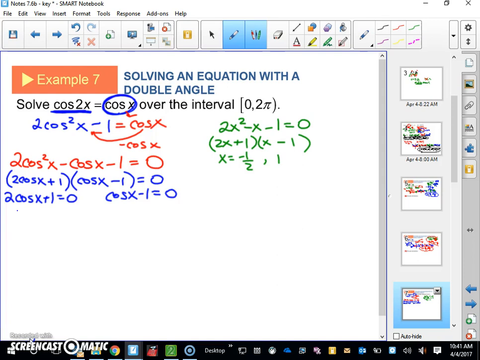I'm subtracting 1 and dividing by 2. There's my -1/2. I'm adding 1, and there's my 1. I still have that -1/2 and that 1, but those are equal to cosine x, and I'm still going to have to do that inverse cosine in order to isolate. So do your inverse cosine, and notice we are in radians here.